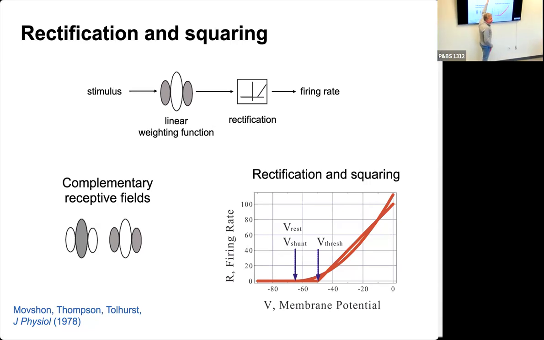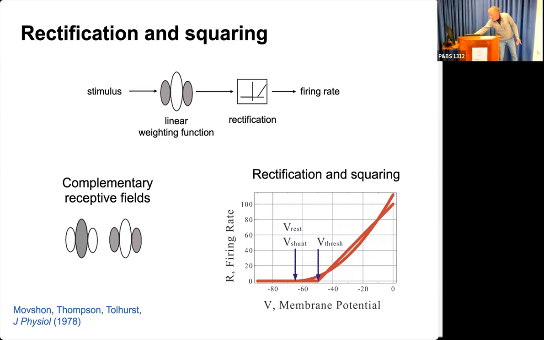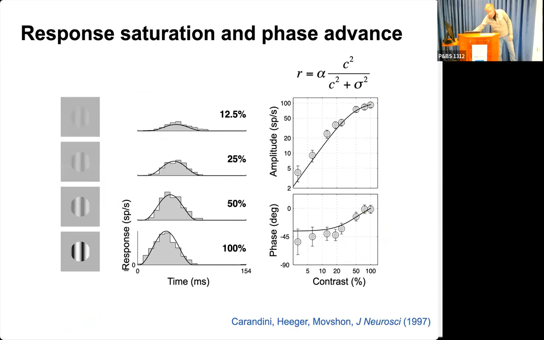Firing rates can't be negative, whereas the output of this thing can be. So I draw a rectification on this, okay? And then I can encode what were the positive and negative values by having a complementary pair of receptors. It's easy enough. Wherever this one had positive weights, the other one has negative weights, and so forth. Okay. And if you want to, you could put a saturating nonlinearity on that as well, which is constant. All right.